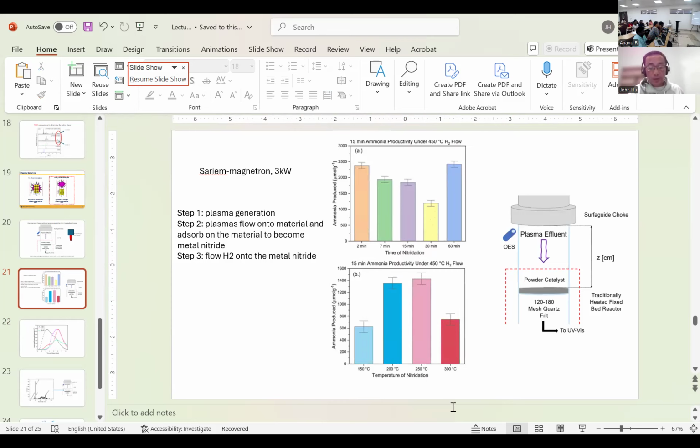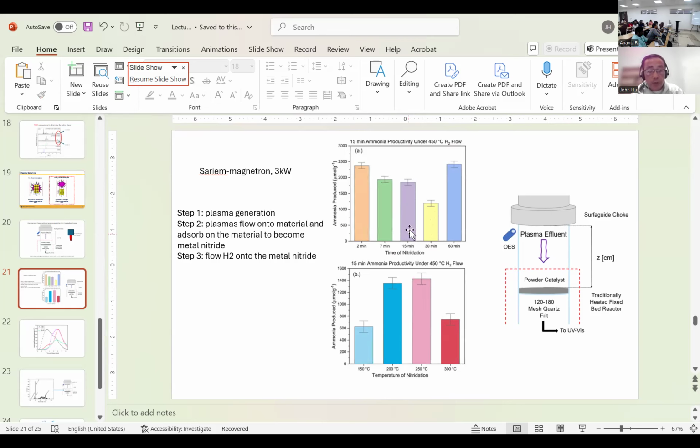Okay. So now the next curve means we basically fix step 2 at 15 minutes. Then we run this reaction at a different temperature. That's the key. Remember, this is microplasma. So this temperature is really the temperature of the catalyst material here.